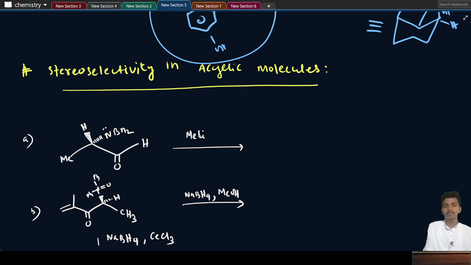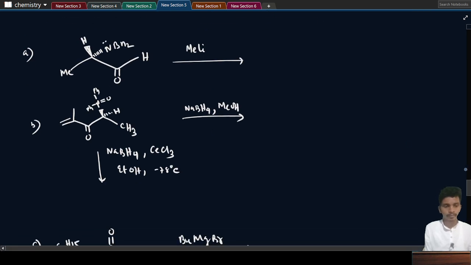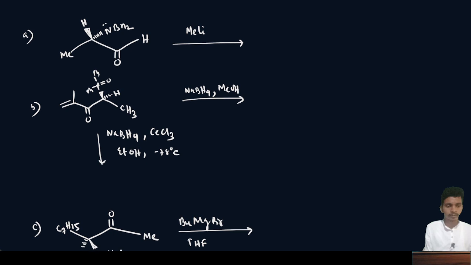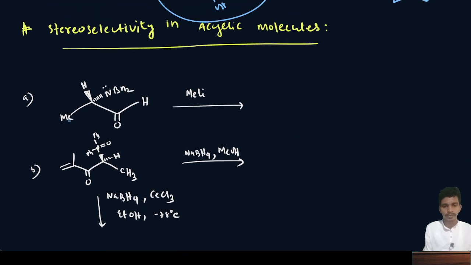Okay, so now we will solve these questions. So we will see this question here. This is the COH group and this is methyl lithium. This Li group is there, and you see that NBn2 is there. Here the lone pair is there, but the problem is that Bn2 is there, that is Bn means benzyl.